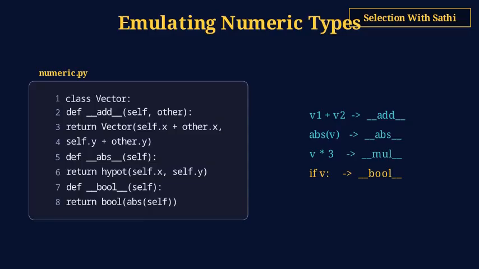And __bool__ controls truth testing. When you write if obj, Python calls __bool__.